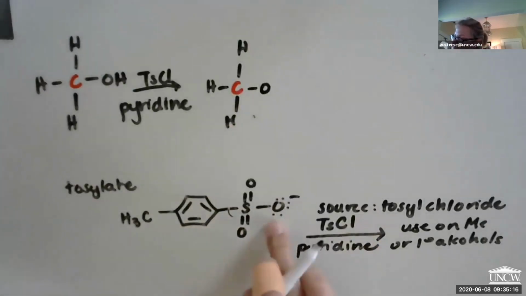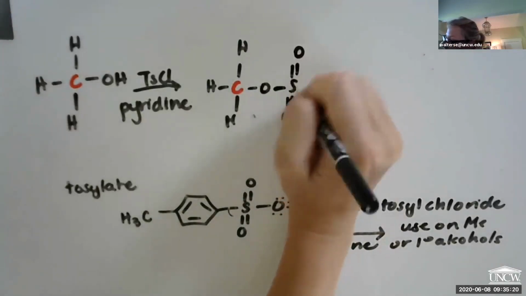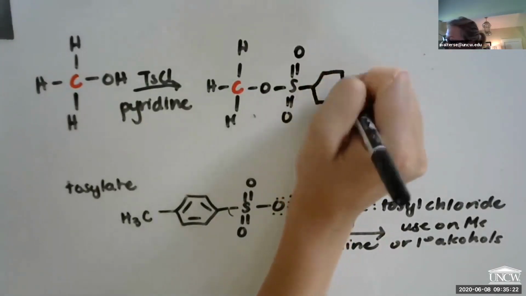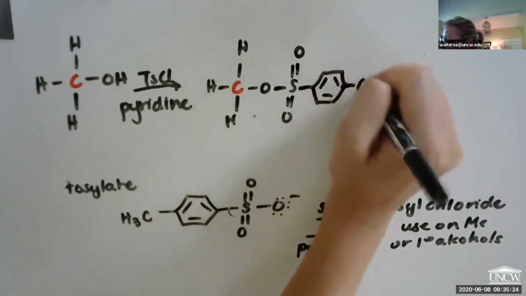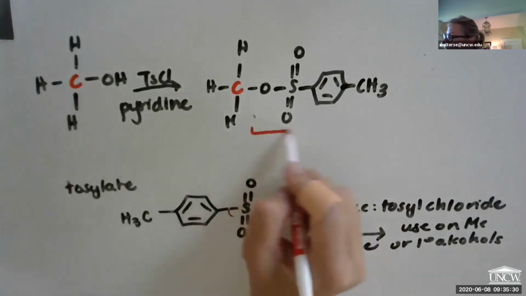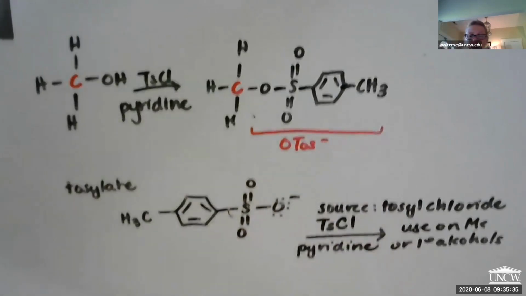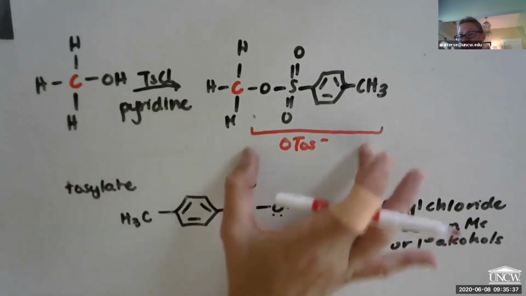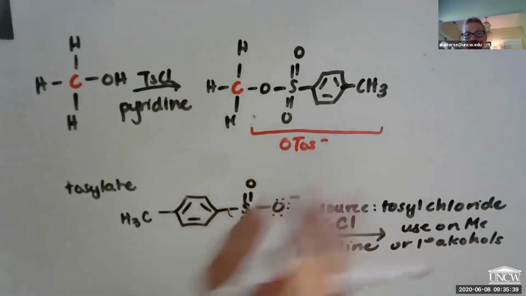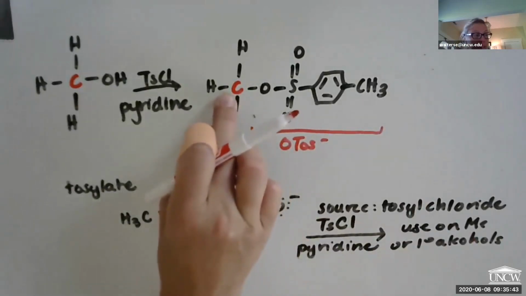There's the oxygen here, the sulfonate, your benzene ring, and your methyl. Okay. This whole thing is referred to as OTs. That whole thing is the leaving group. The nucleophilic attack still occurs on the carbon in your substrate.